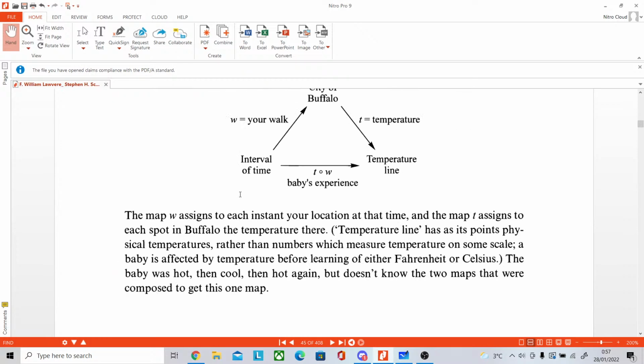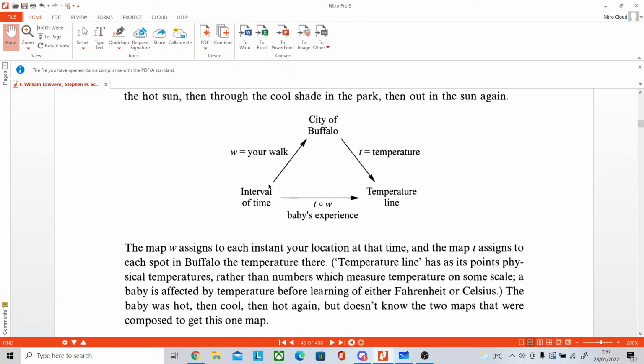Okay. Let's try to understand this. The map W assigns to each instant your location at that time, and the map T assigns to each spot in Buffalo the temperature there.